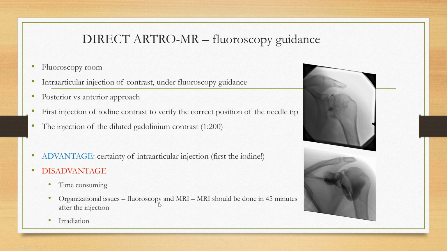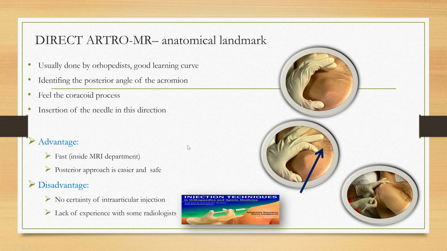You need to book two rooms, the fluoroscopy room and the MRI room. And another problem is irradiation, because you transform a non-irradiating technique like MRI into an irradiating one, which is fluoroscopy. And you can inject by clinical guidance. This is something that our orthopedist colleagues do, not us radiologists.